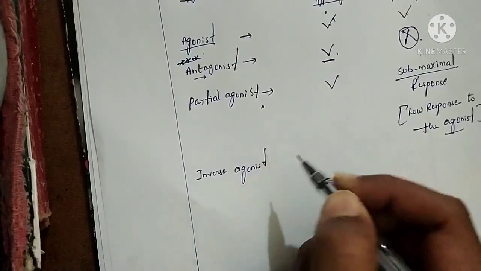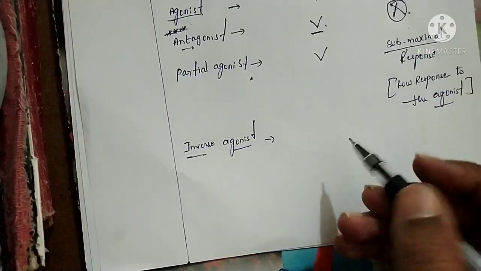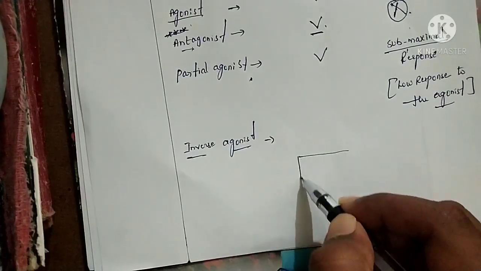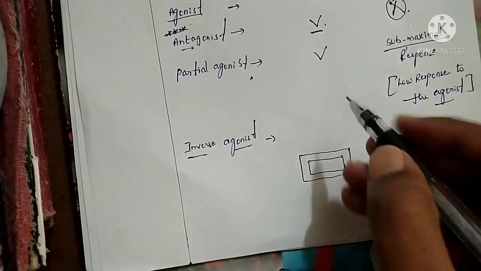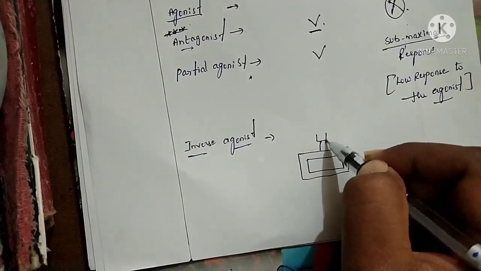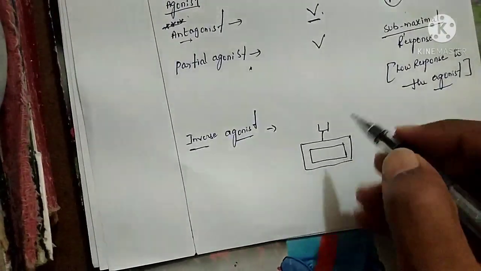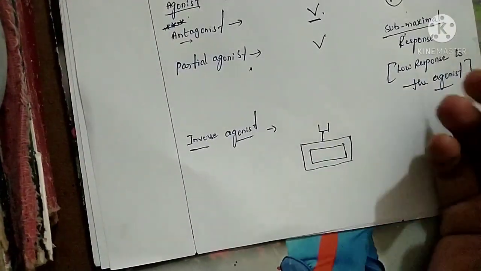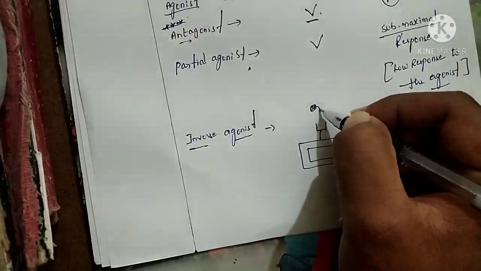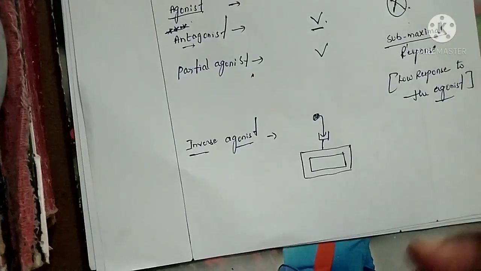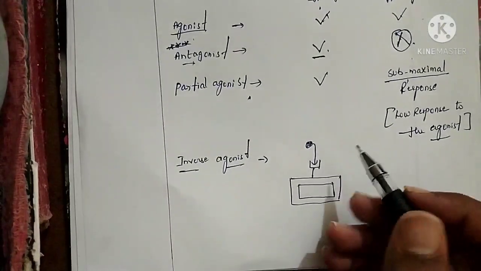Suppose this is a cell and this is a receptor. The cell has a receptor on its surface, and whenever the drug molecule binds to the receptor, only after that it produces some biological response.